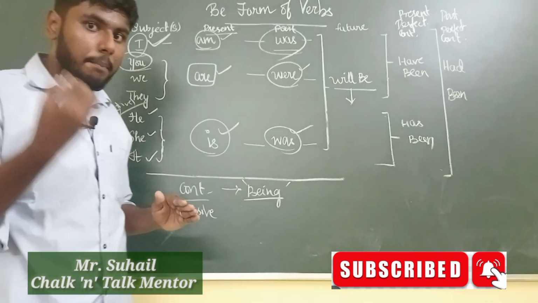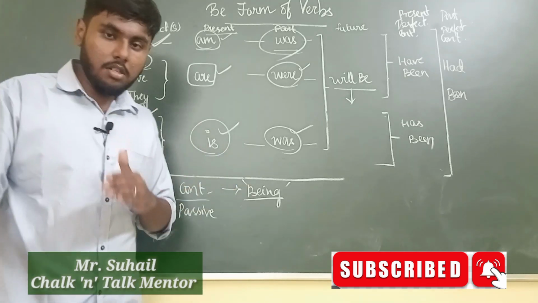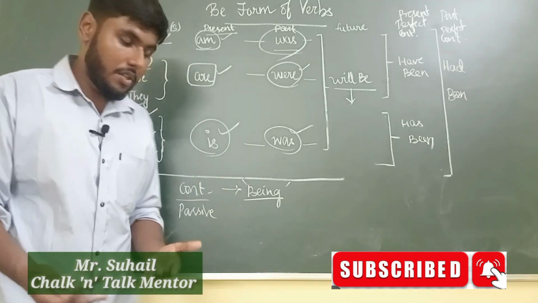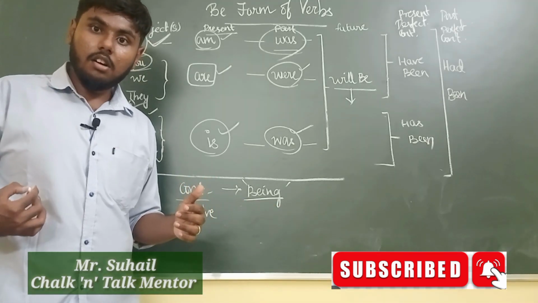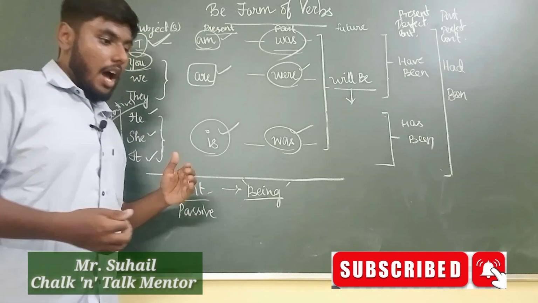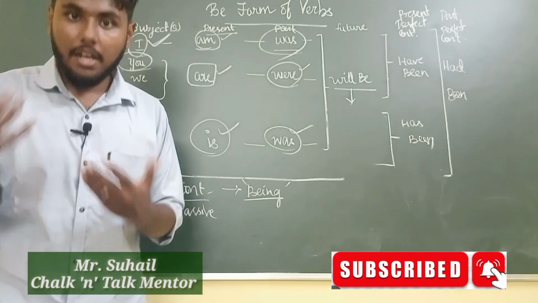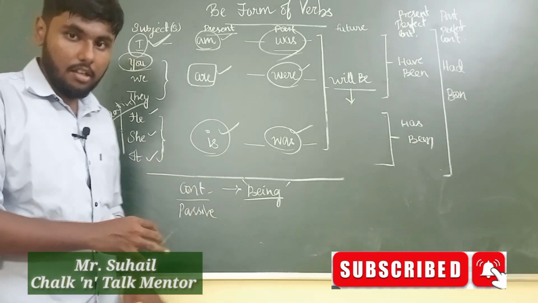So when we have a progressive tense given with active voice, and we are asked to convert it into passive voice, we make use of "being", as in "I am being scolded by my teacher", "I am being advised by my parents". So this is the general usage of "being".